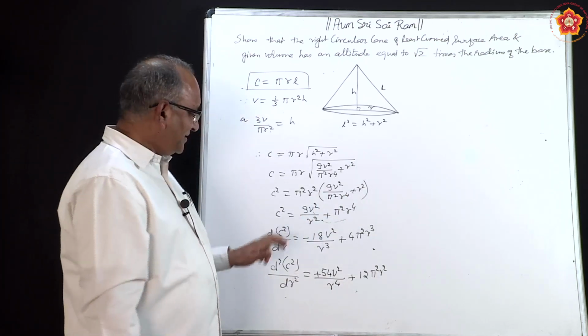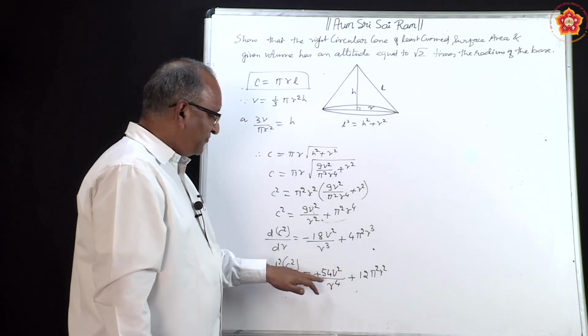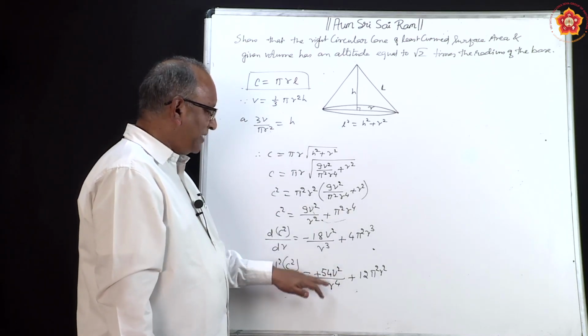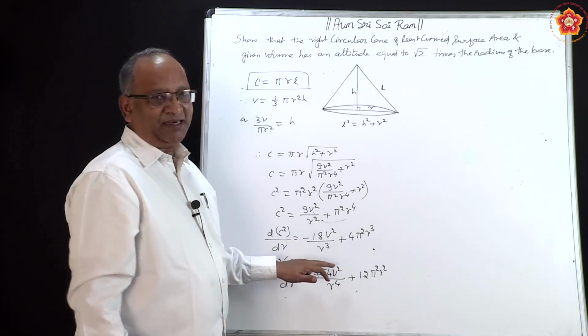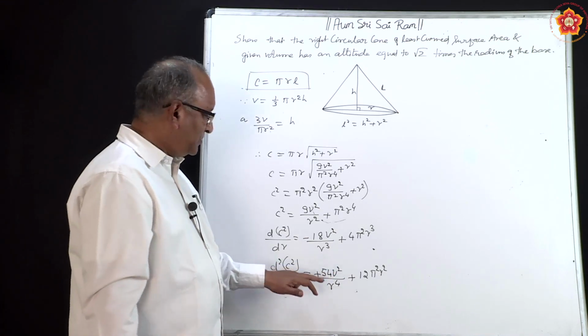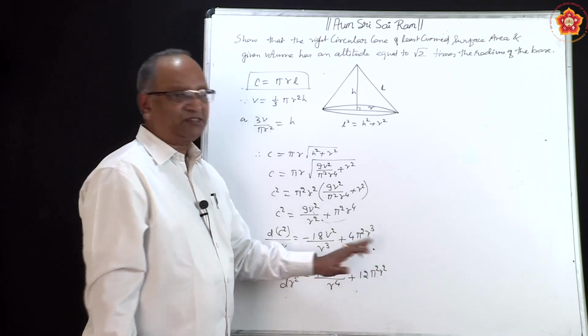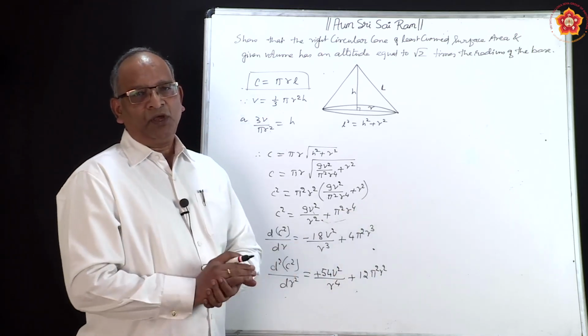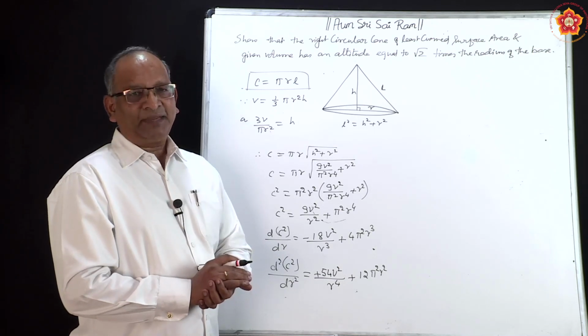So we can say that c square is minimum because the first term is 54v² by r to the power 4. 54 is positive, v square, the square of any number is positive, r to the power 4 again positive, 12π²r², all terms are positive. We can directly conclude that c square is minimum.